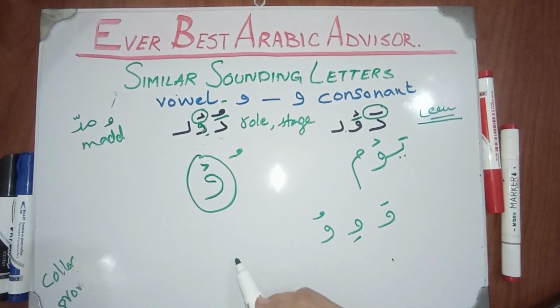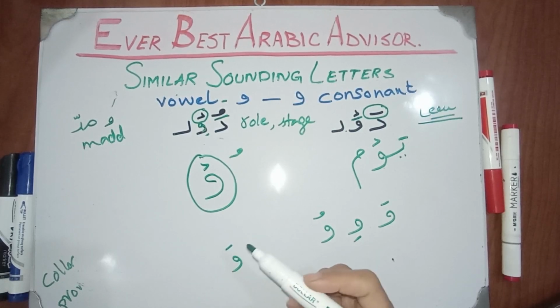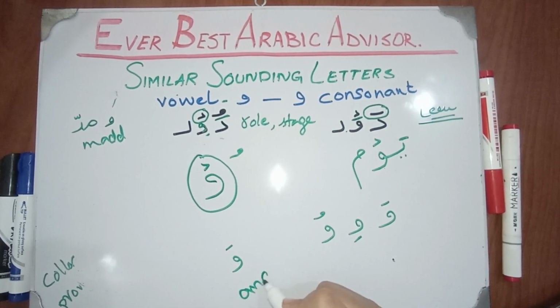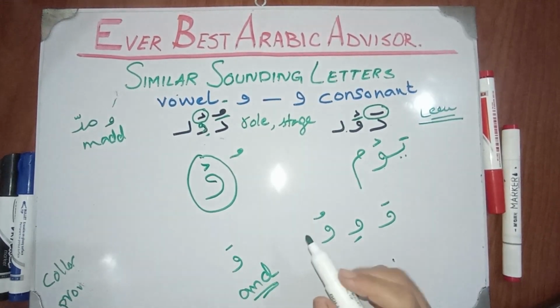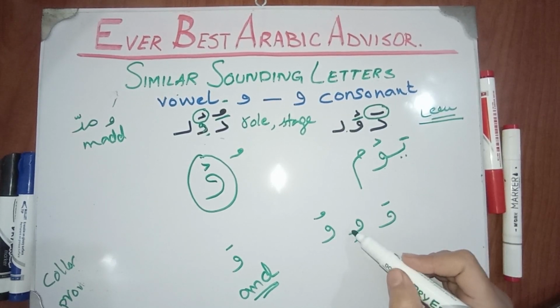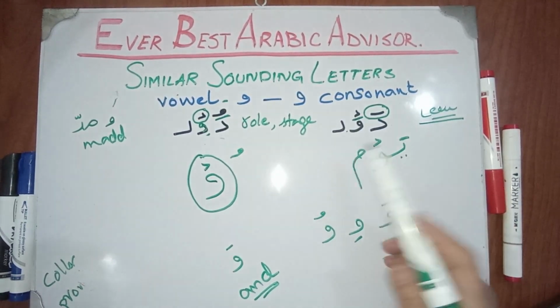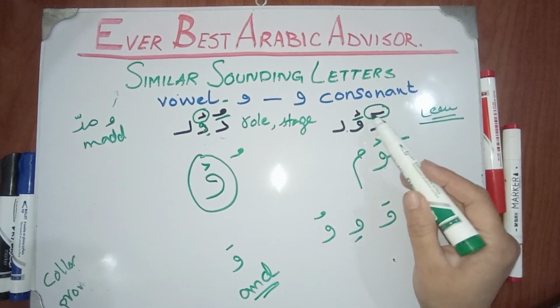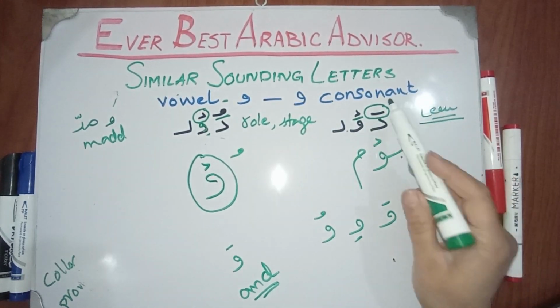For example, waw with fatha is a one-letter word in Arabic which means and. You see? Wa, wi, wu can be the sound of waw as a consonant. And dau, au. You see da and u. Dau is the sound of lean as a consonant.